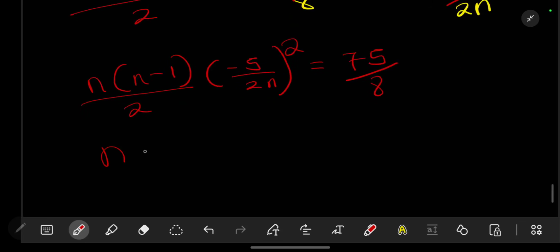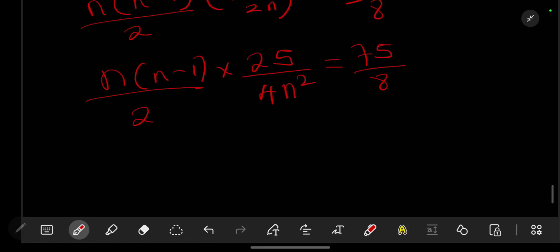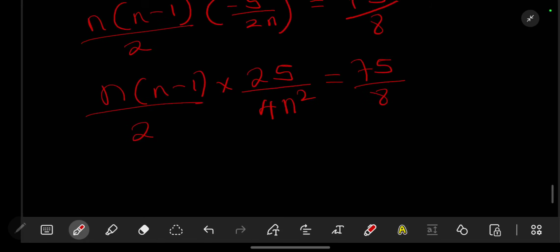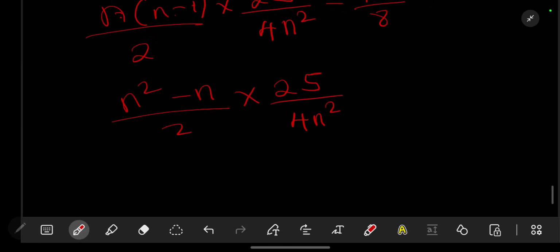So we have n − 1, then −5 squared gives us 25 over 2 squared, which is 4, n squared, over the 2 there, should be equal to 75 over 8. So this gives us n times n is n squared, n times −1 is minus n, over 2, times 25 over 4n squared.